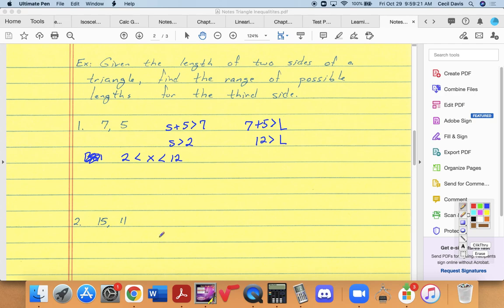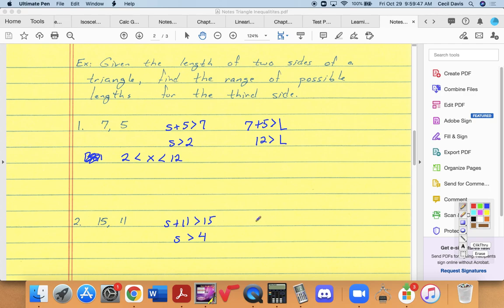Okay? Let's do the same thing for this one. So if it's the short side, what's the other short side? 11. So short side plus 11 has to be more than 15. So the smallest it could be would be bigger than 4.